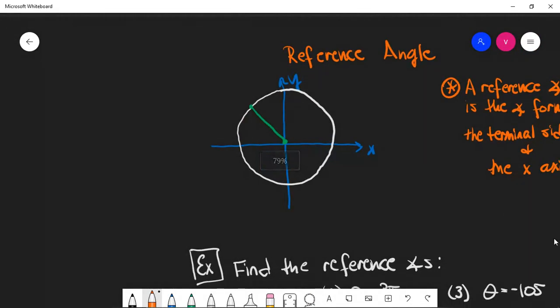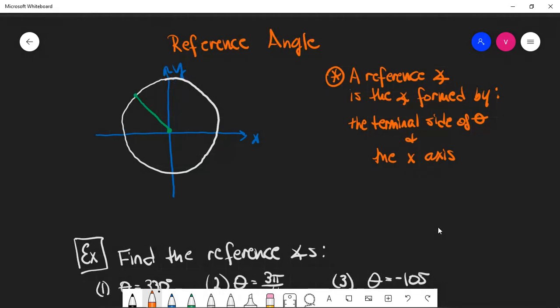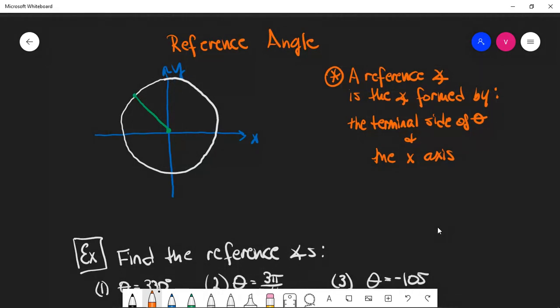This is building on the idea of finding a triangle inside that circle. We've got a point here on the edge of the circle, and we have an angle theta, which is given to you. Say this one ends up in your second quadrant.